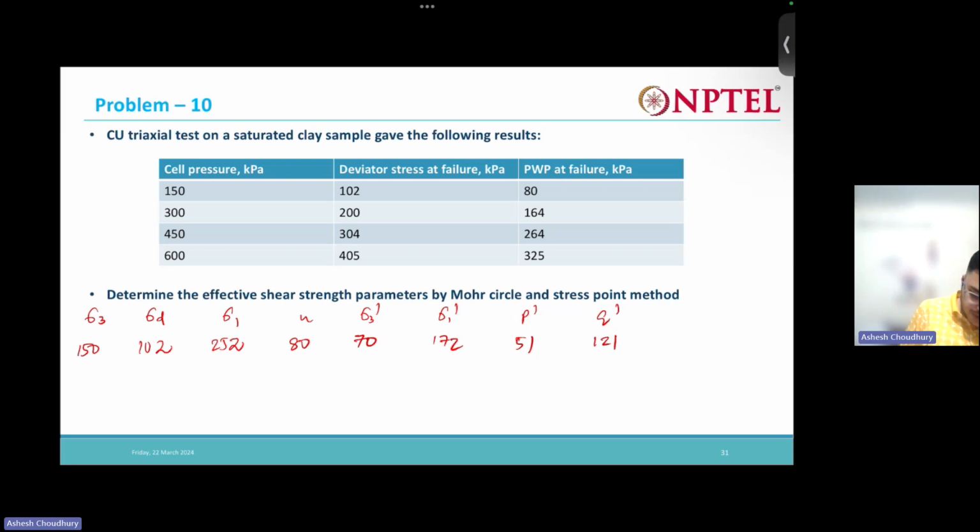Like this, similarly, you can do. Okay, what is p prime? 300, 200.